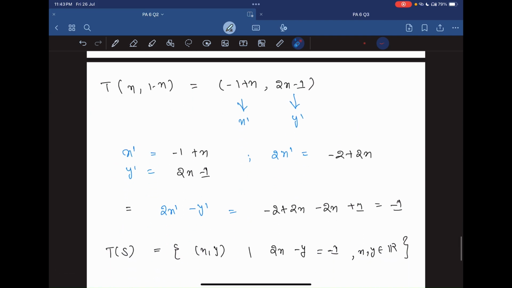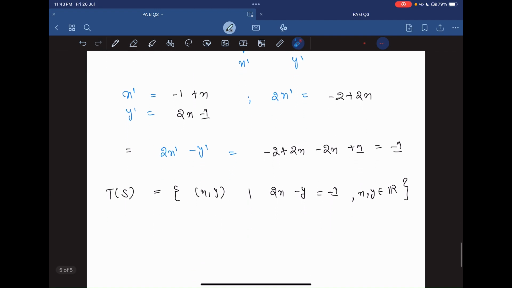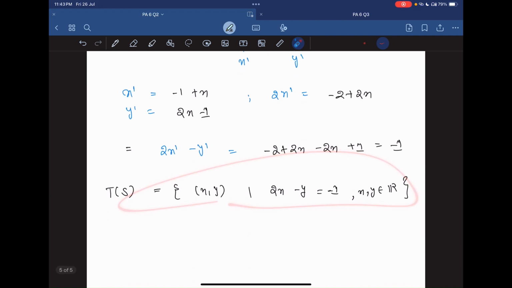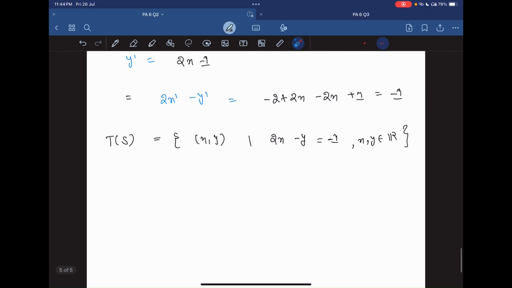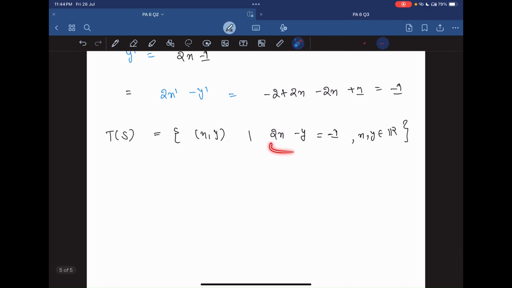Then we are finding the relation between the x and y components in the given vector, so that we can find the line with respect to that. So the line that we got here is 2x minus y equal to minus 1, and it is a line which has a positive slope and whose y-intercept is positive.